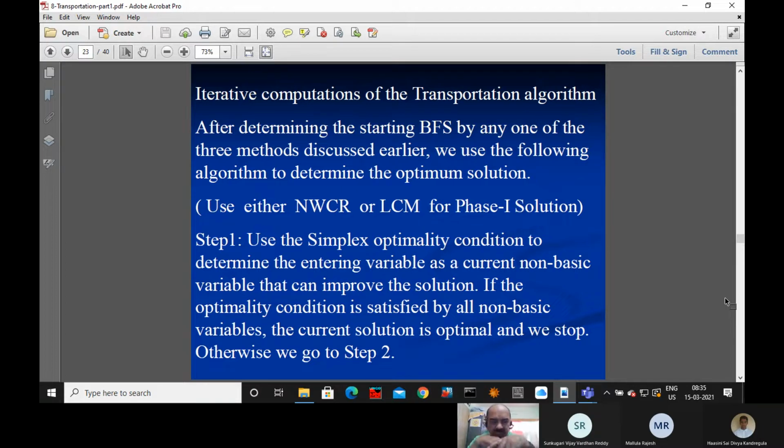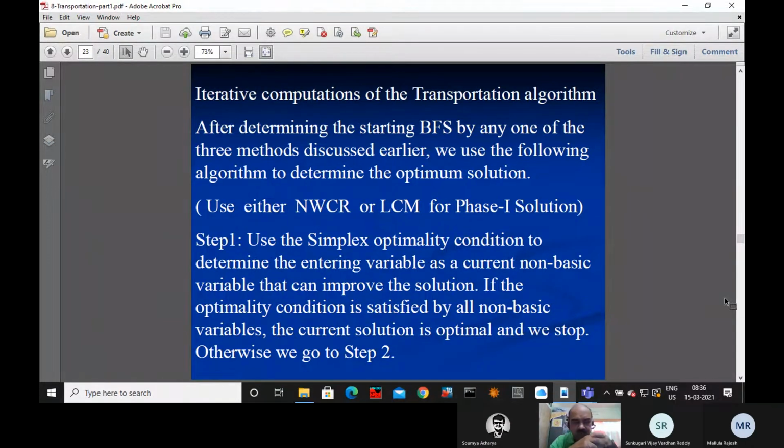If the optimality condition is satisfied by all the non-basic variables, the current solution is optimal and we stop, otherwise we go to step 2.